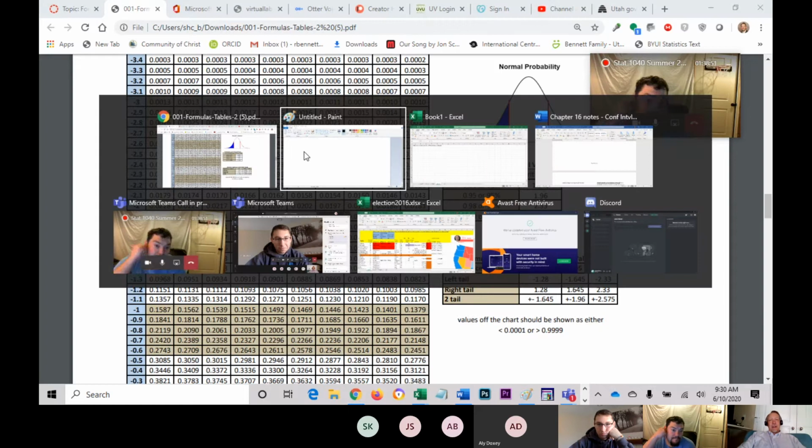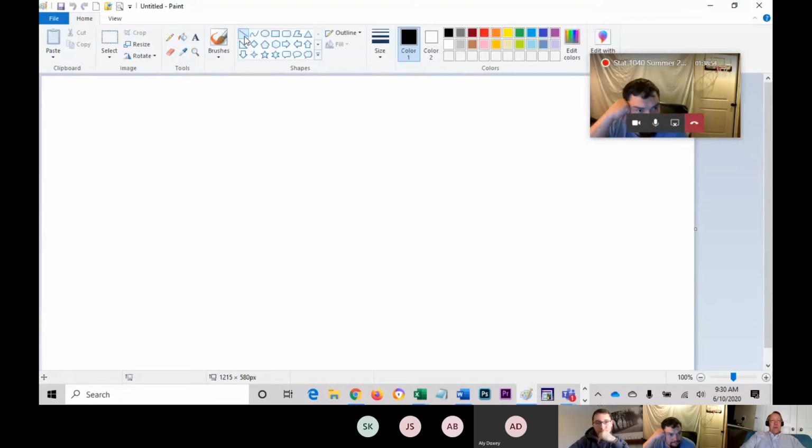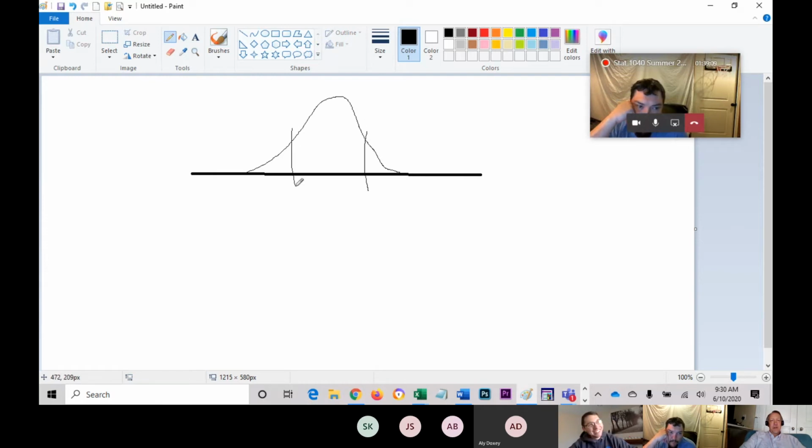All right, so let's go back here. Let's talk a little bit about it. What we want is an 80% confidence interval. So if I draw my bell curve here, the idea is I want 80% in the middle.